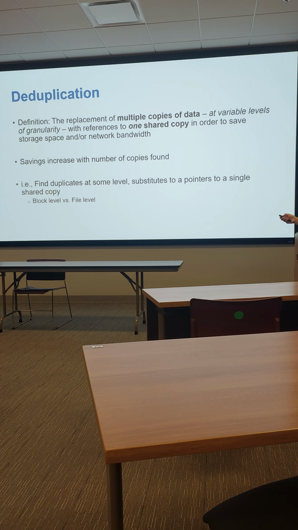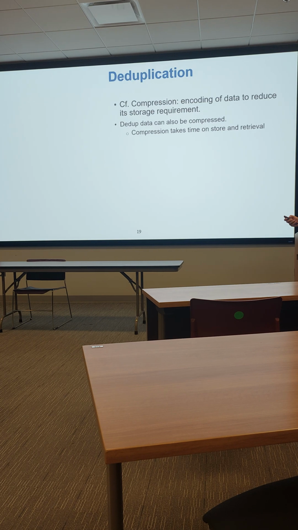And then the issue of deduplication techniques is what level of deduplication you want to do. Should it be block level or file level or some other level? When I say some other level, that's where a lot of research ideas are. Block level and file level are some extreme fixed cases, right?